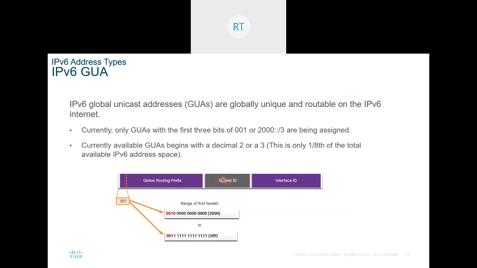How big is it? 64 minus 48, which is 16. Yes, exactly, that would be 16.